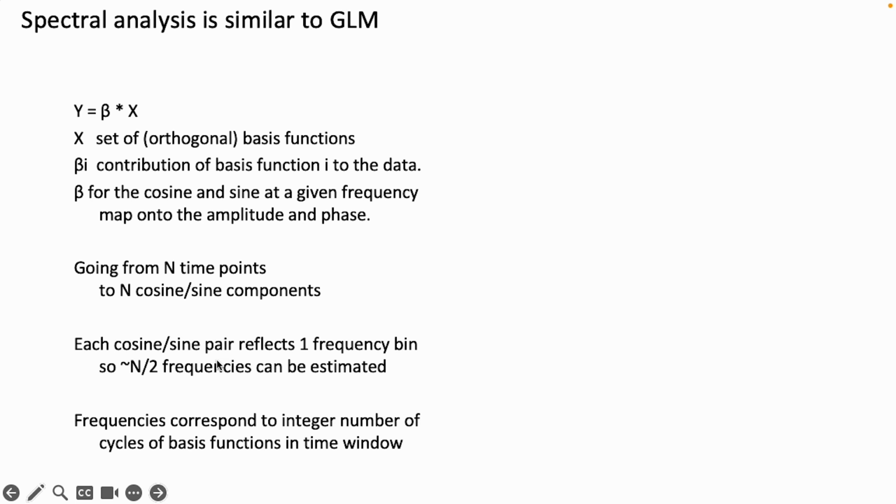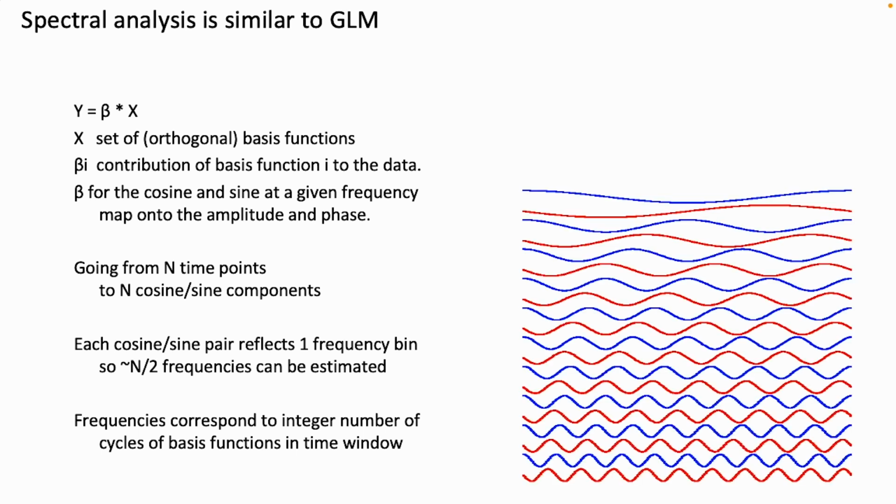And the frequencies, as I already said, correspond to an integer number of cycles of the basis function in the time window. So if we look at that as a long list of basis functions, then here the blue one indicates the cosine, the red one indicates the sine. The blue one indicates the cosine, but now at 2 hertz. The red one is the sine at 2 hertz, etc. So we make a large matrix with regressors.